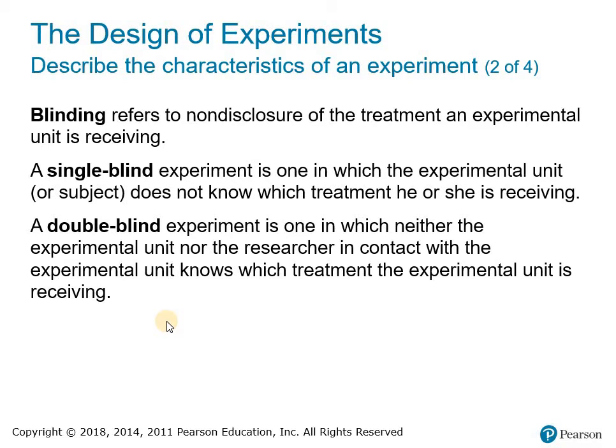A single-blind experiment is one in which the experimental unit or subject does not know which treatment he or she is receiving. A double-blind experiment is one in which neither the experimental unit nor the researcher in contact with the experimental unit knows which treatment the experimental unit is receiving.